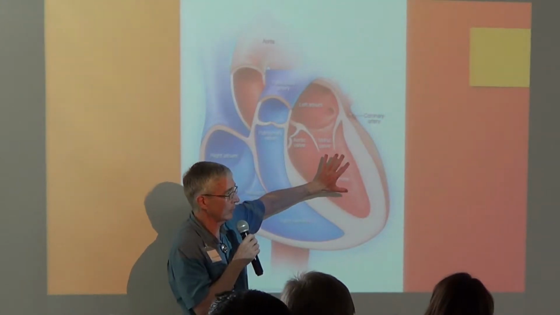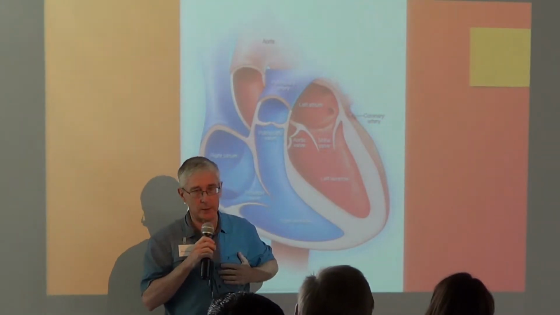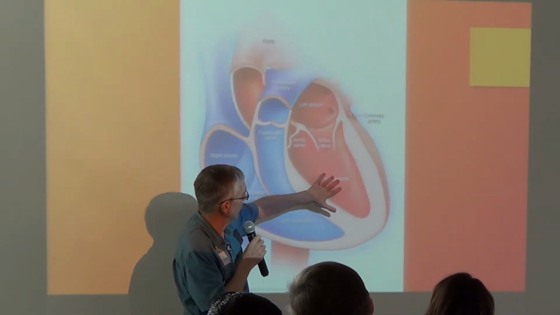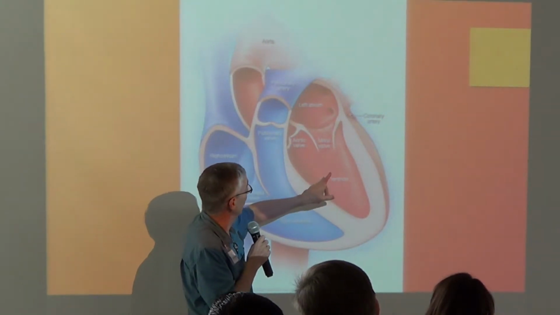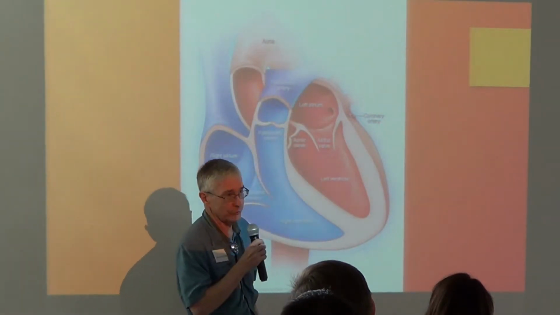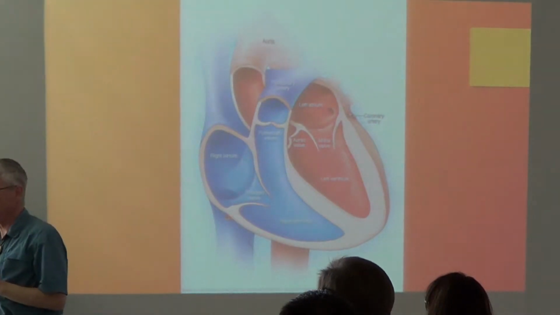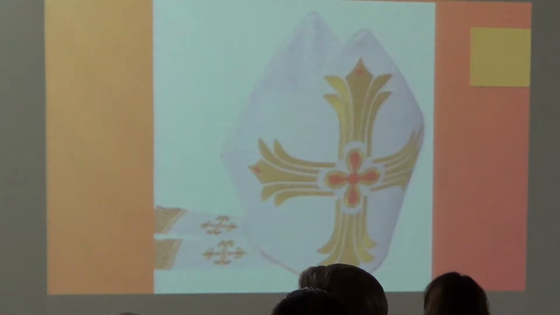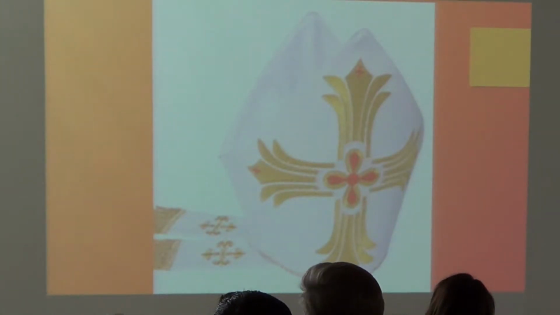This is where the bulk of the heart is right here, and that's why it extends over to the left side. And then when this ventricle squeezes, the blood goes out through the aortic valve up to here, and we'll see pictures of the aorta later. So when it leaves the left side of the heart from the left ventricle, it's getting distributed to the rest of your body. Does anybody know what this is called?